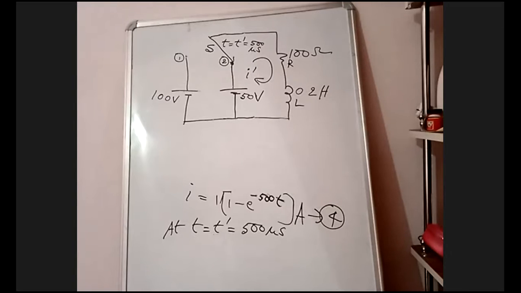Now, when the switch is in position 2, what is the initial current? When switch is in position 1, what is the initial current? First of all, tell me. At t is equal to 0, what is the initial current when switch is in position 1?